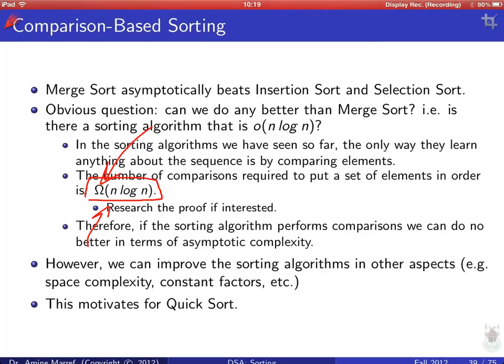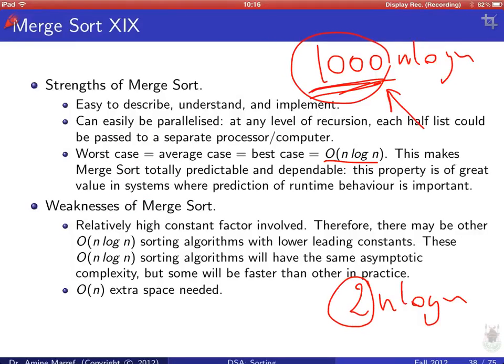But this is a special case. The input has the property that all elements come from 3 different values. If you have a 4th value, you cannot use this sorting algorithm anymore.